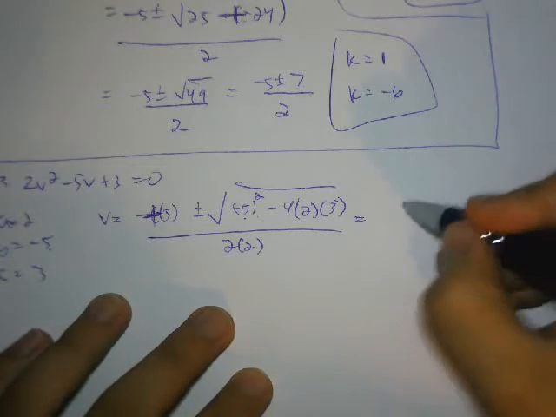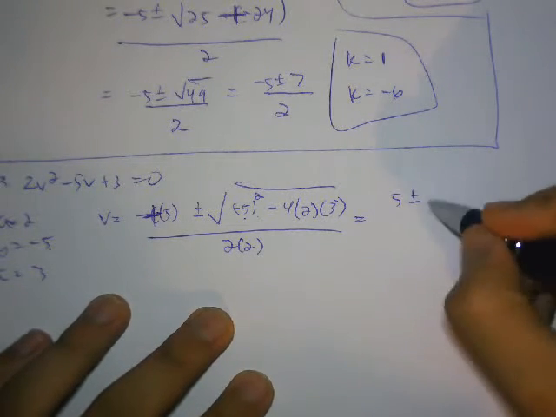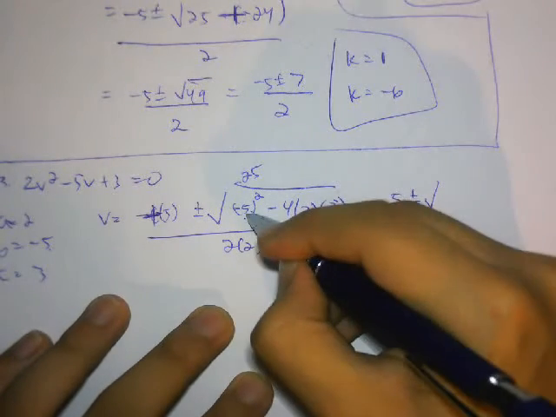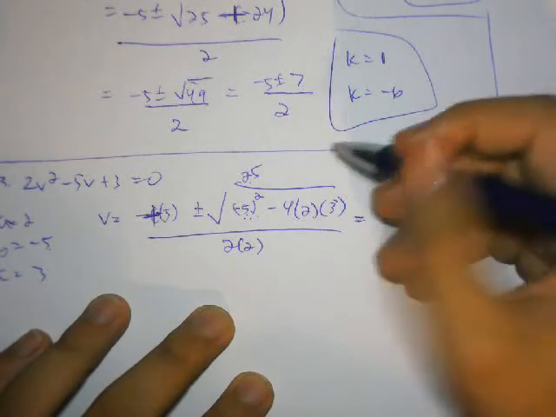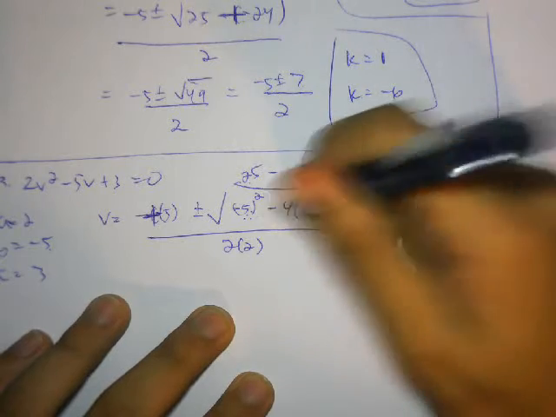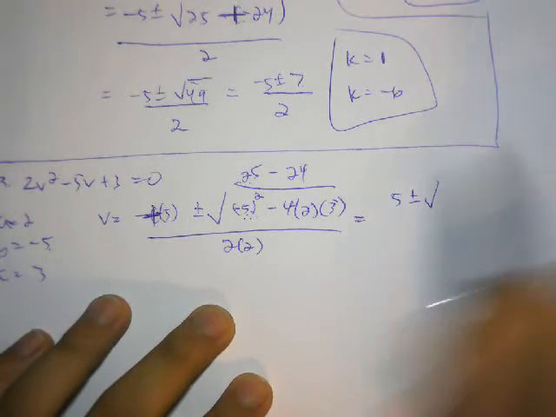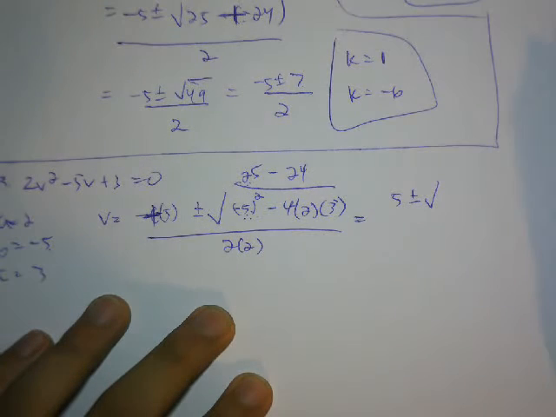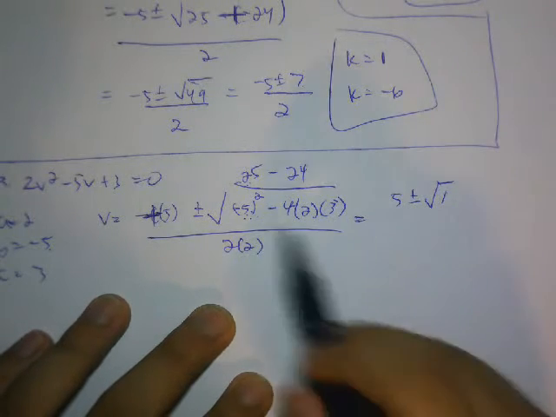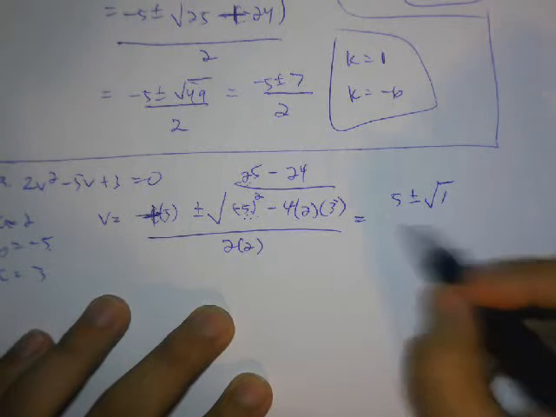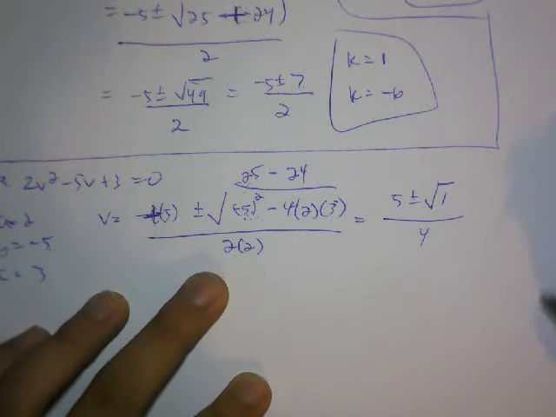So that reduces to positive 5 plus or minus the square root of 25. Negative 5 times negative 5 is 25, minus 4 times 2 is 8, times 3 is 24. 25 minus 24 is 1. So all of this inside the square root reduces to just 1. And of course all over 4.